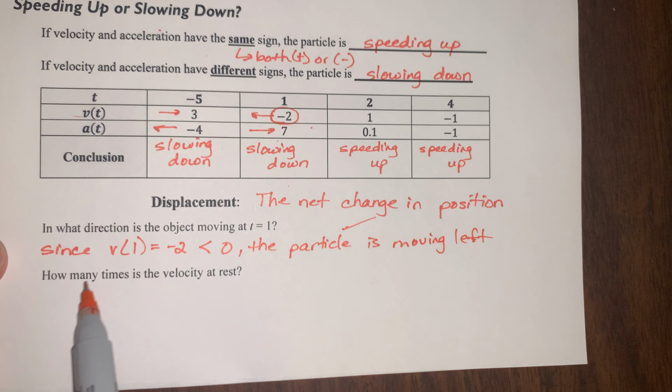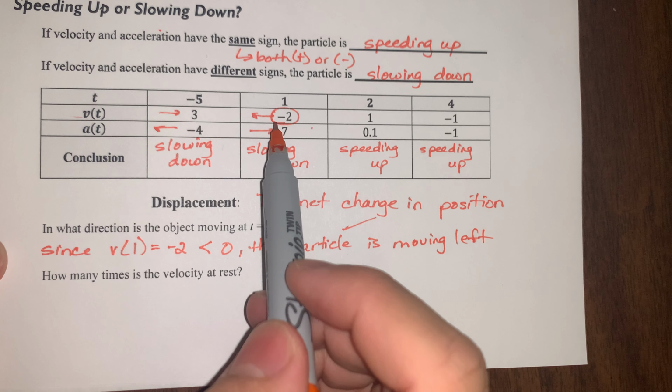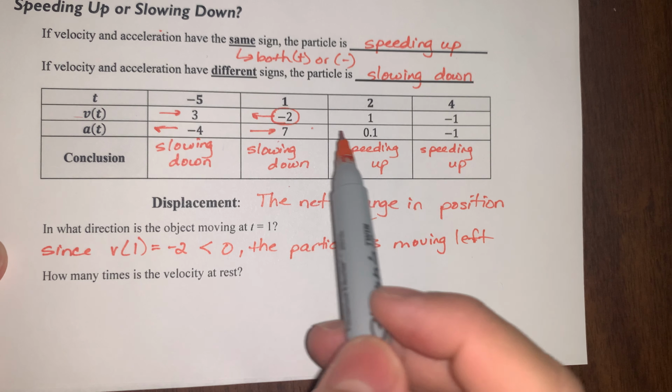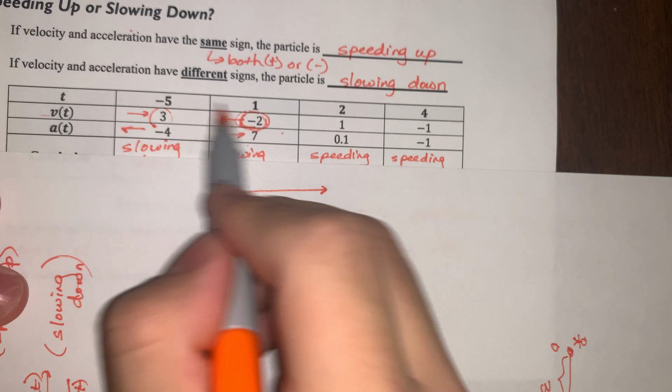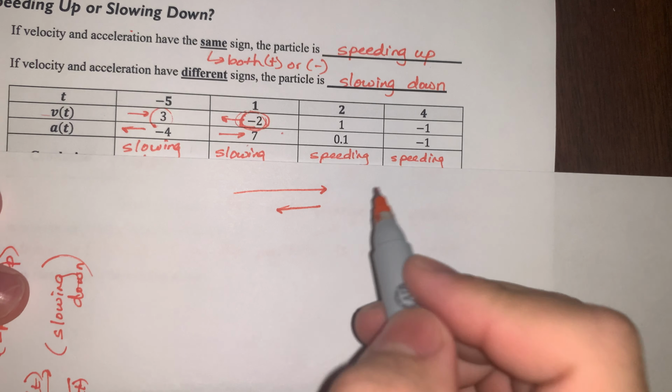Okay. Now, this one is going to tie back to some things that we learned in the past. How many times is the velocity at rest? Well, we don't know exactly how many times. It could have been at rest many, many times, but we can think about what is the minimum number of times. If the velocity is 3 here, and then the velocity suddenly is -2, that means that at some point it was +3, moving to the right, but then it switched gears and now it's over here somewhere in between -5 and 1.